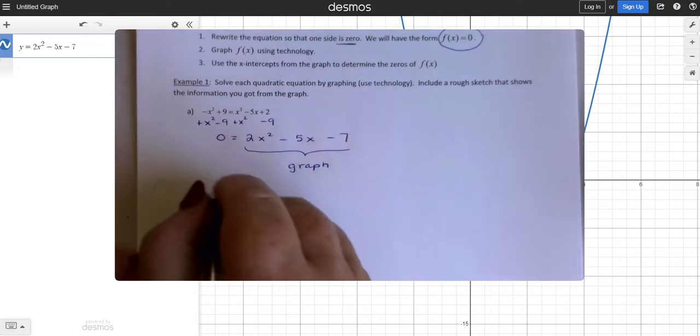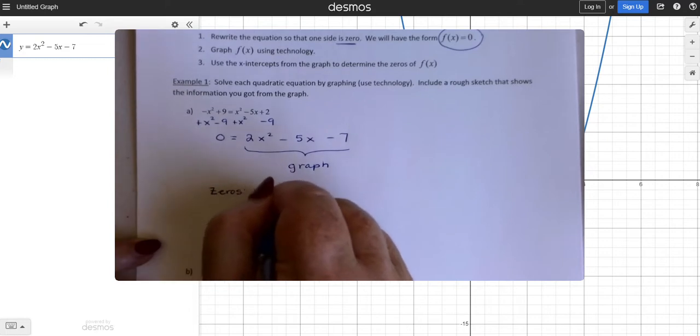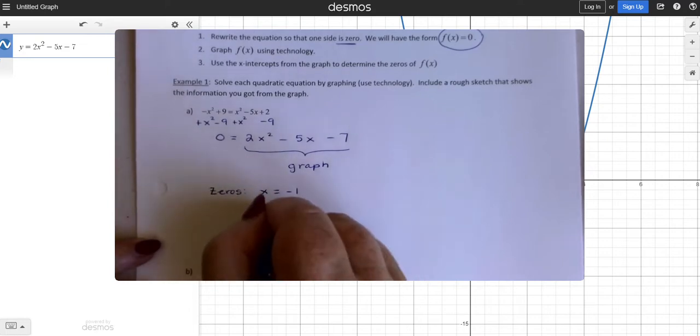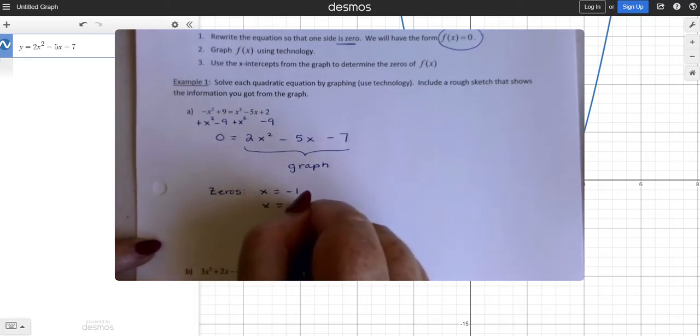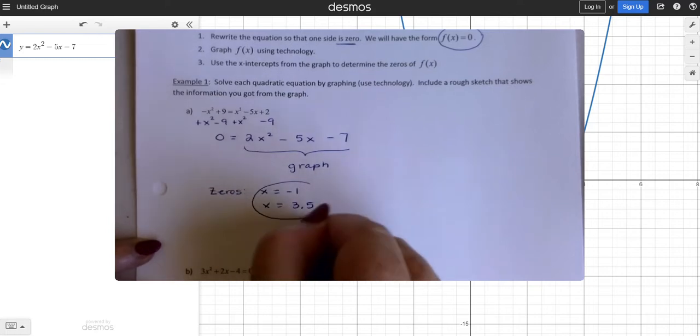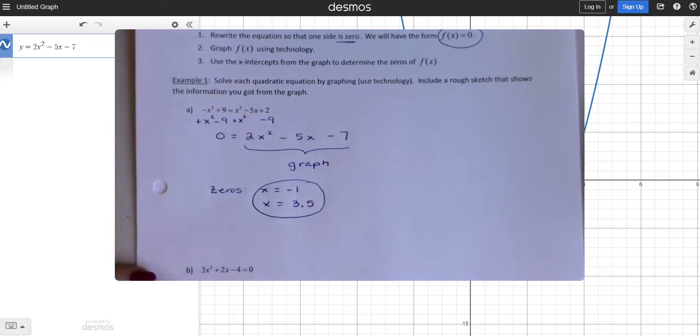So x equals -1, and x equals 3.5, and that would be the solutions to that equation.